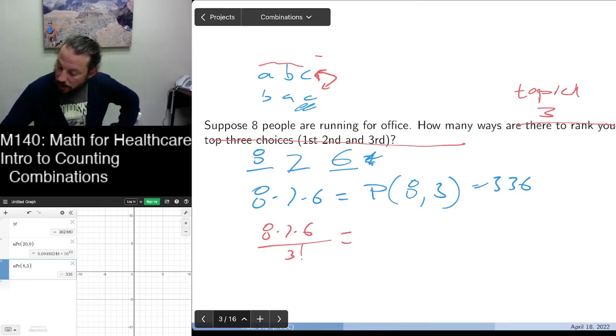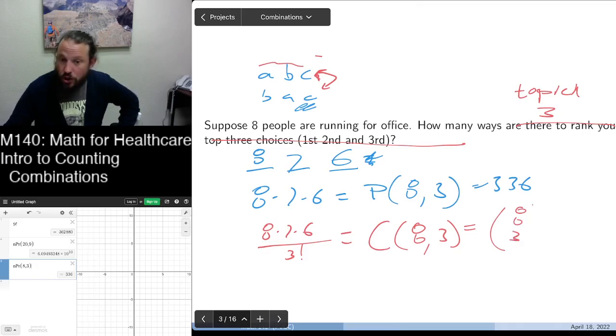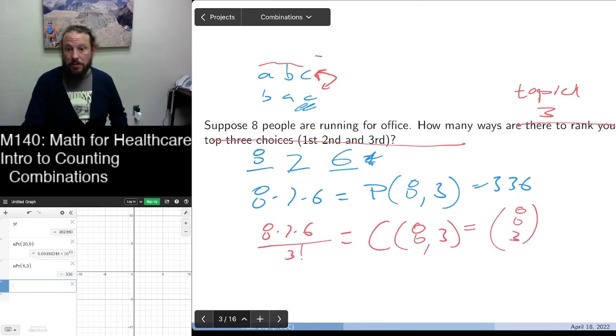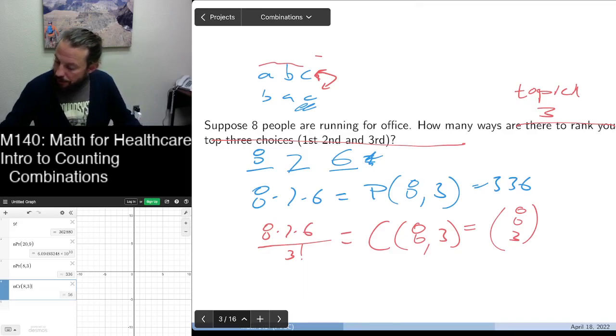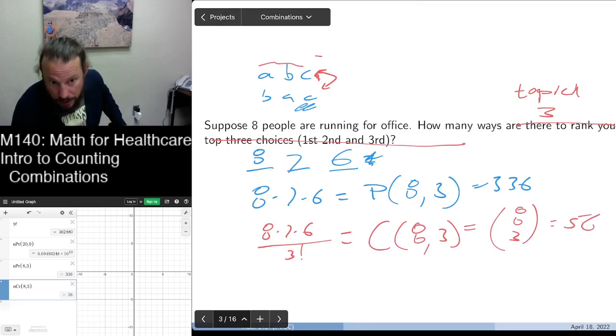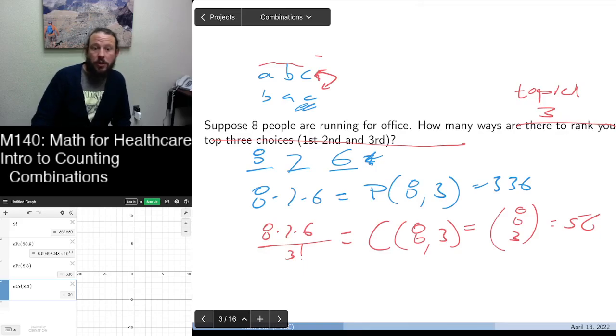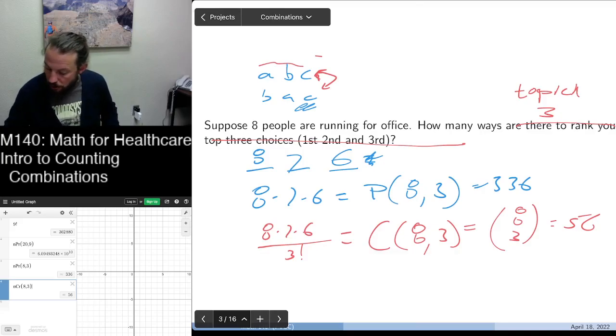We call this the choose function, C of 8 choose 3, or I write it a lot this way, 8 choose 3. In Desmos, that's going to be nCr, and here we put in 8 and 3, and there's 56 ways unordered. It makes sense that there are more ordered ways than unordered ways, but that's our next important function here, the choose function.